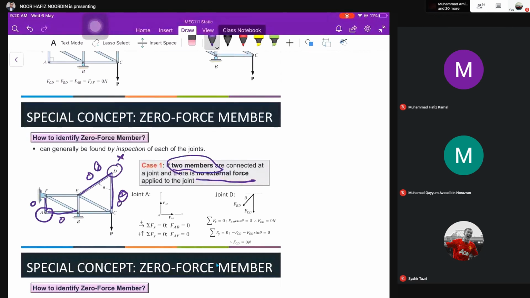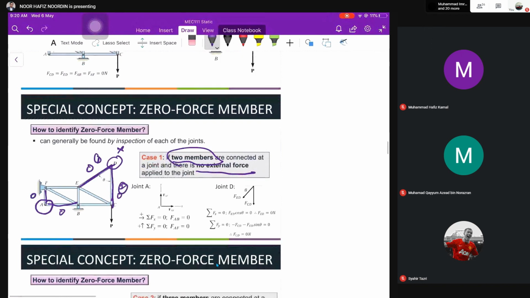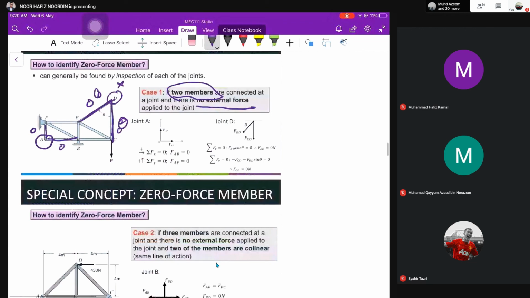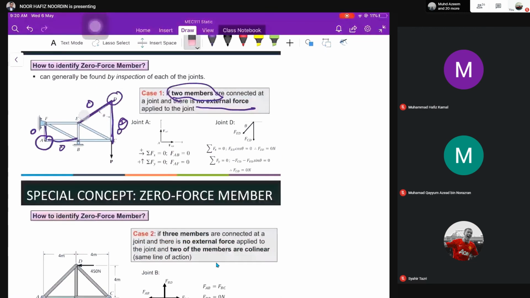Slender member AED dengan DC ni, dia punya value of force dia adalah kosong. And then, faham tak? Faham tak cara nak determine zero force member untuk contoh tadi?